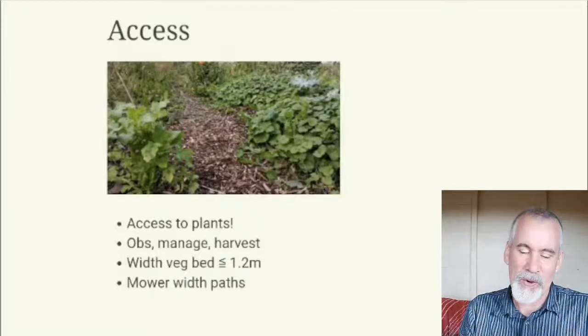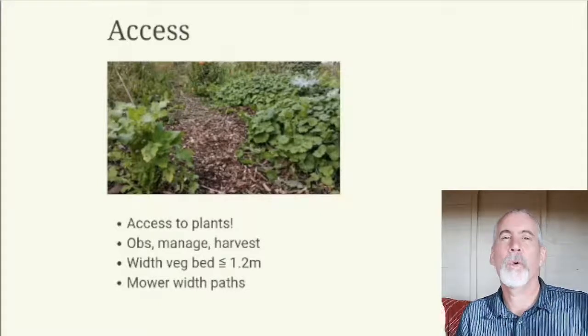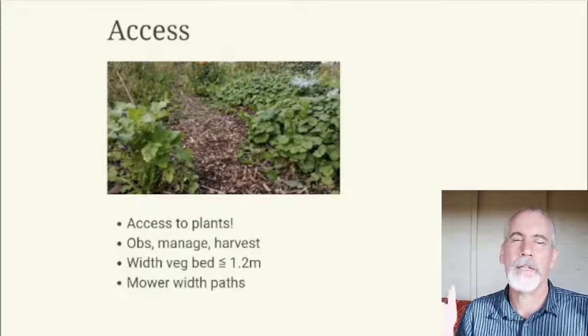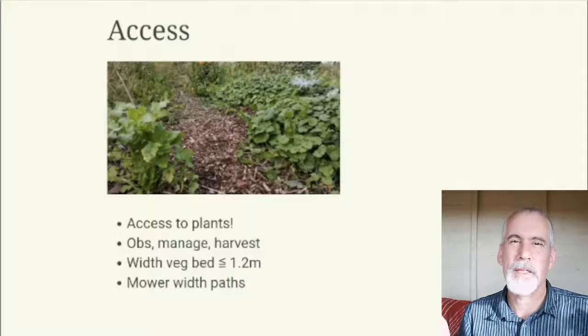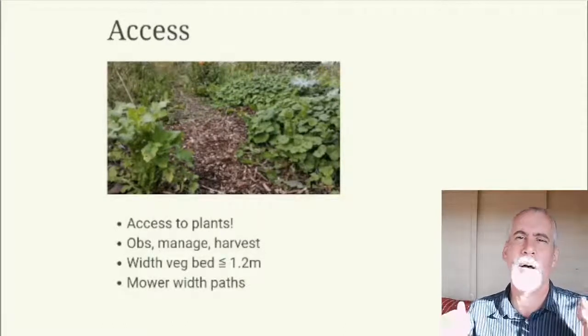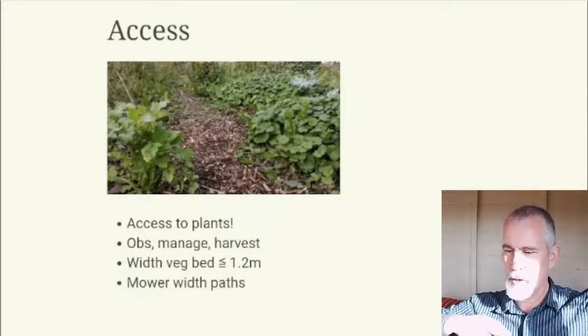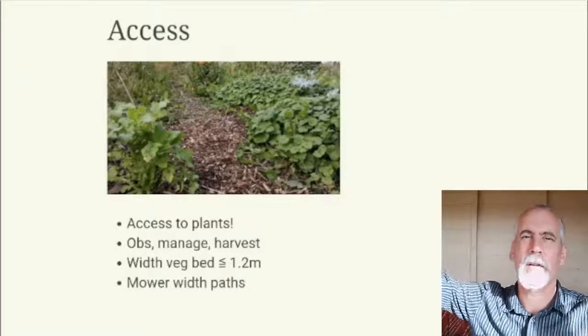It's the same thing for the paths. For measuring paths, you use the width of your mower as a standard width, because then if it's a one width path, which is just a little narrow access path and it's a grass path, then you can just go once up it and that's it. You don't need to come back down again.